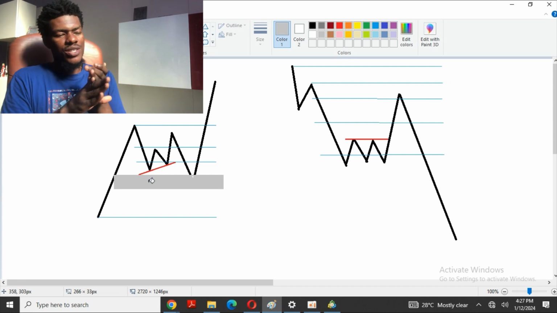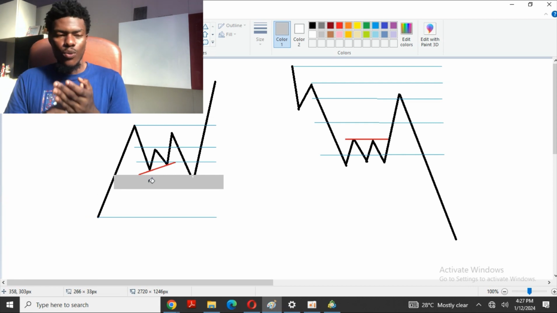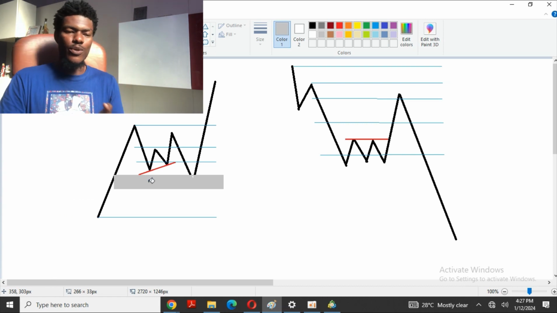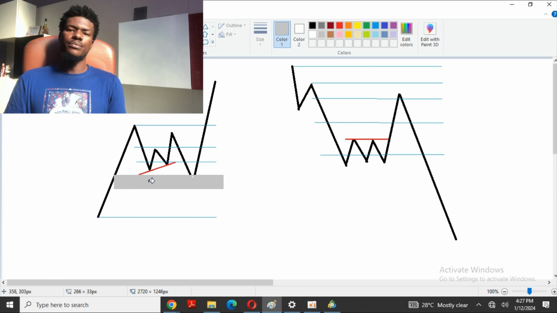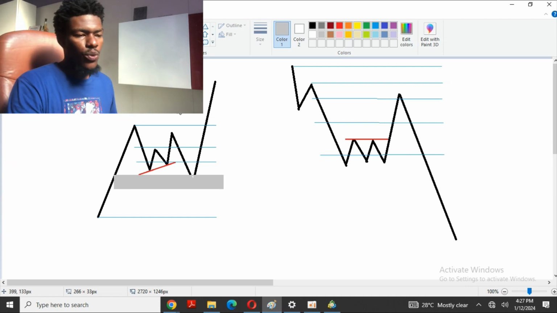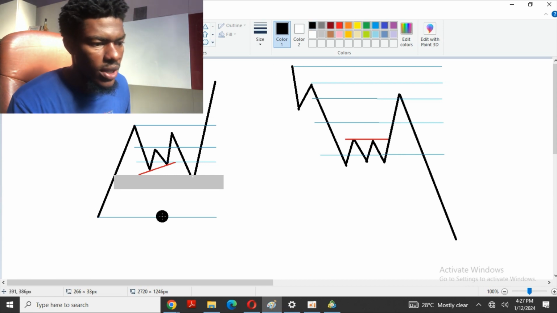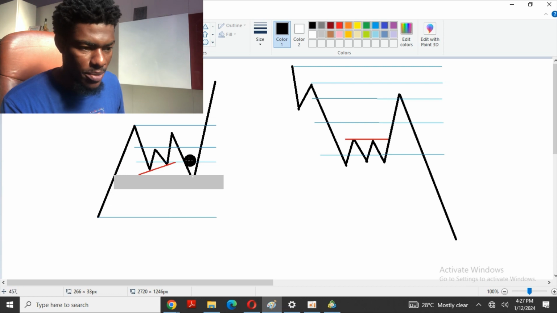Once price reaches that zone, and it's still aligning with your fair value gap, that's where we'll take our trade from. Yeah, in this scenario now, we take our buy in this place, all right? We take our buy in this place, so that is for a bullish market.